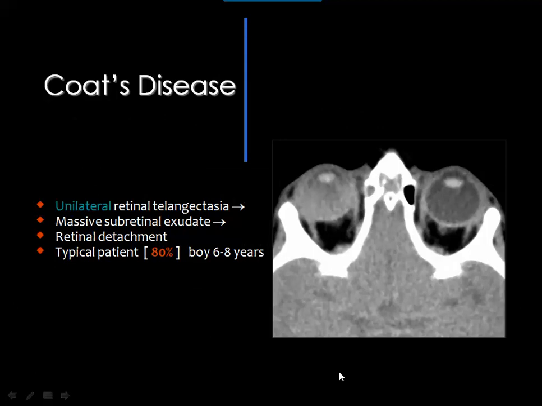Then we come to Coats disease, which is a unilateral disease, and it's not a congenital lesion, but it is usually seen in boys at the age of 6 to 8 years.